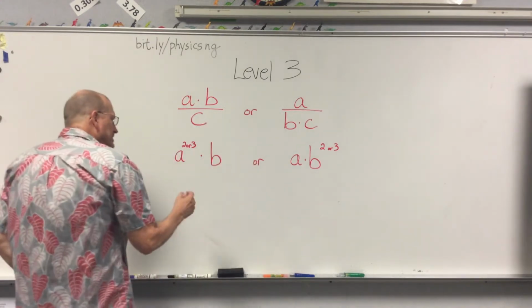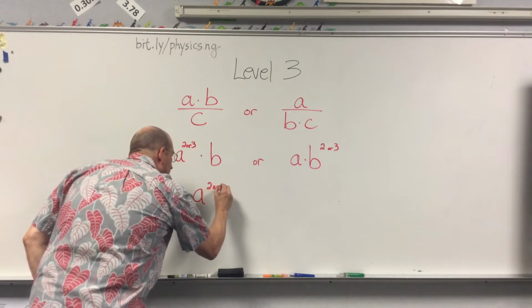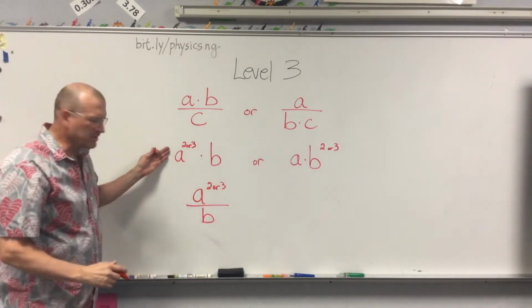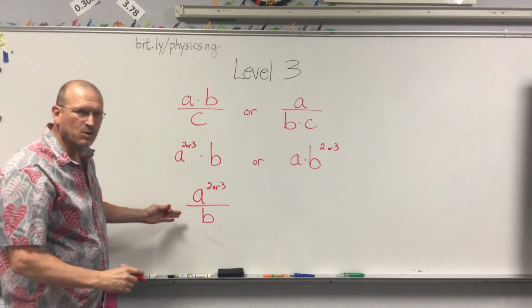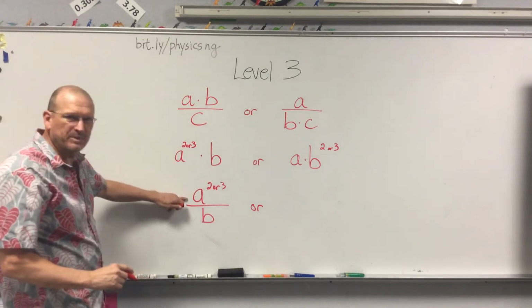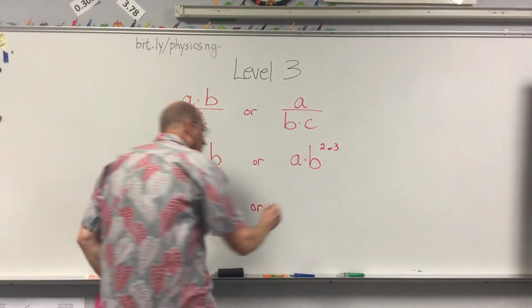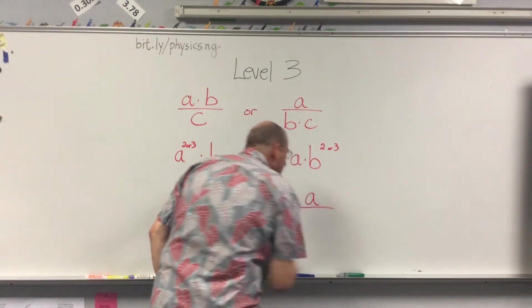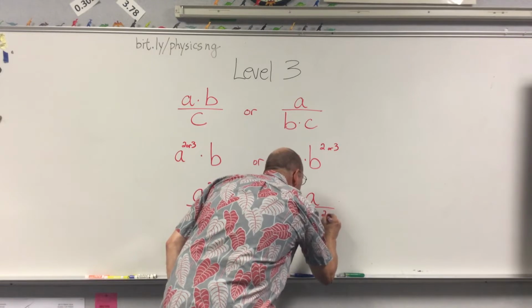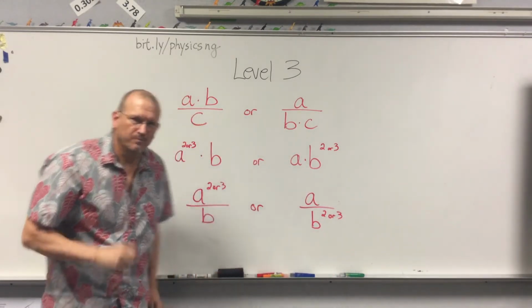Now the third type is taking this product form but making it a quotient form. So you'll either have the top thing being squared or cubed divided by the denominator to the first power, or the numerator will be the first power unit and the bottom will be the one that's squared or cubed.